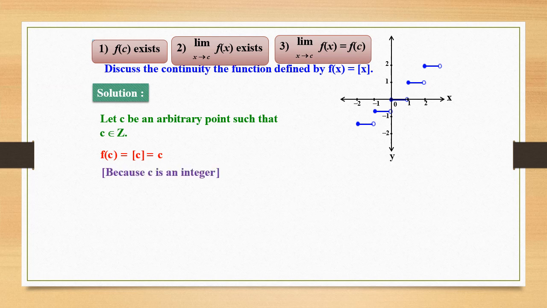Next, RHL. RHL is equal to limit of f of x as x tends to c plus, which will be limit of step x as x tends to c plus, which is equal to c.